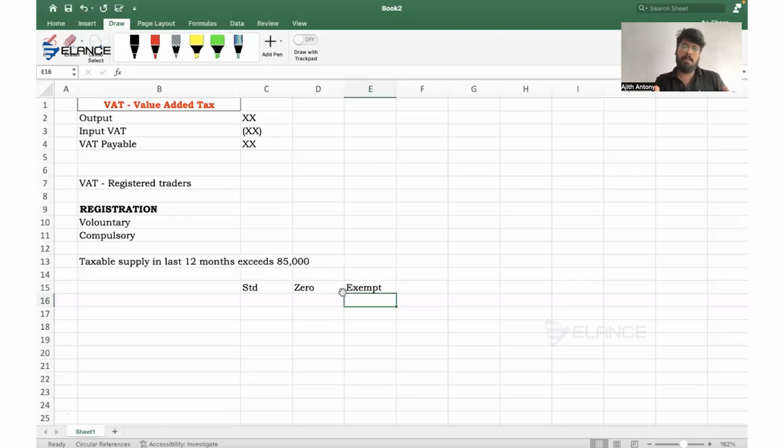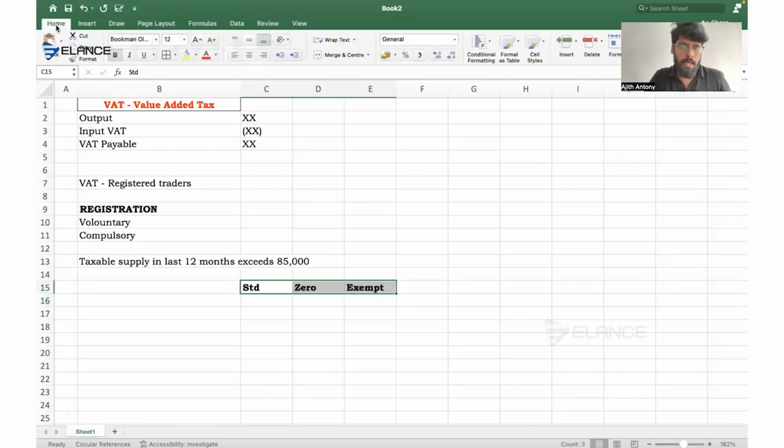Based on the nature of the products, we categorize the supplies into these three groups. We don't need to learn which products come under standard rated or zero rated; that kind of knowledge is not needed in the TX paper. We only need to know these three types of supplies exist in the UK.